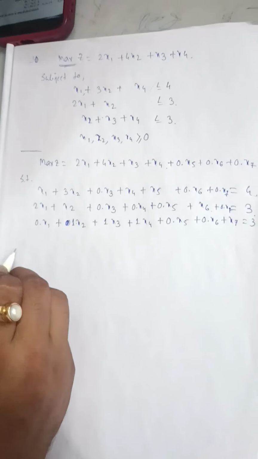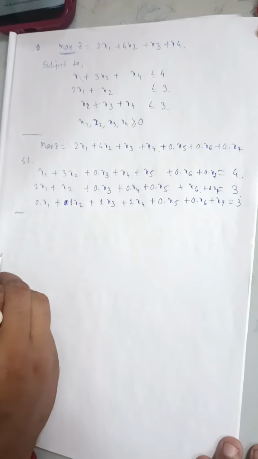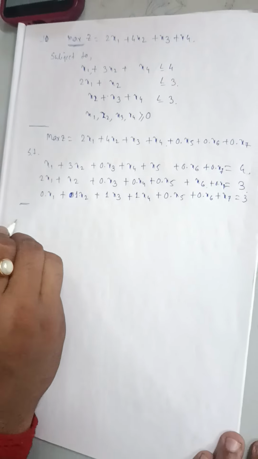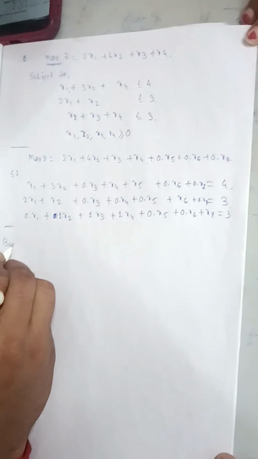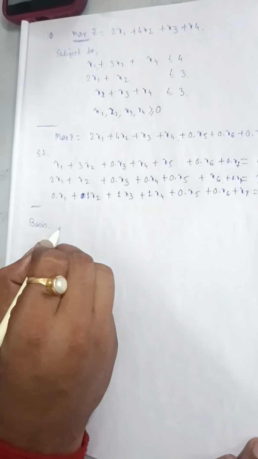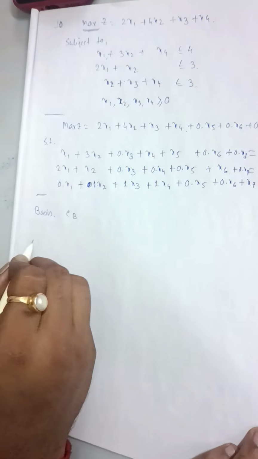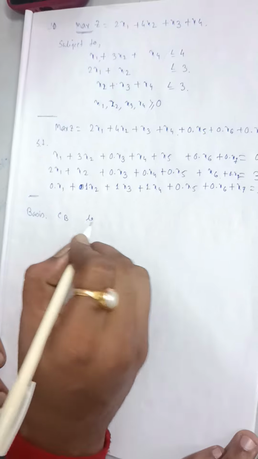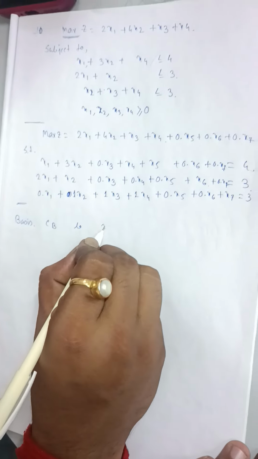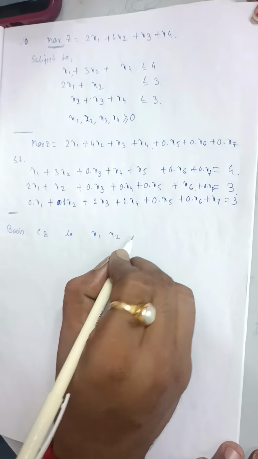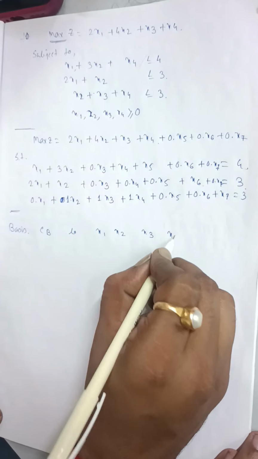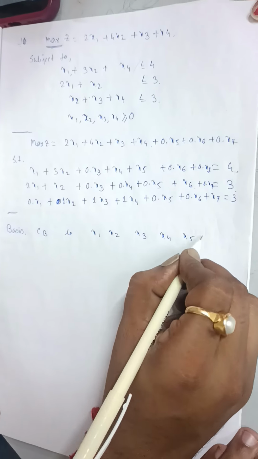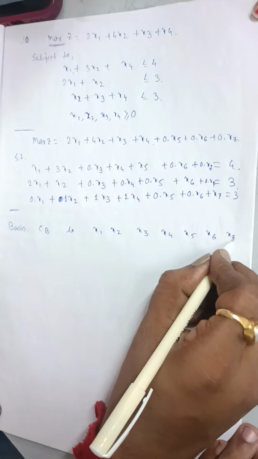Now while writing down the simplex table, this is my basis. Next I have C_B, next I have my B, then I write down all the variables: x1, x2, x3, x4, x5, x6 and x7.